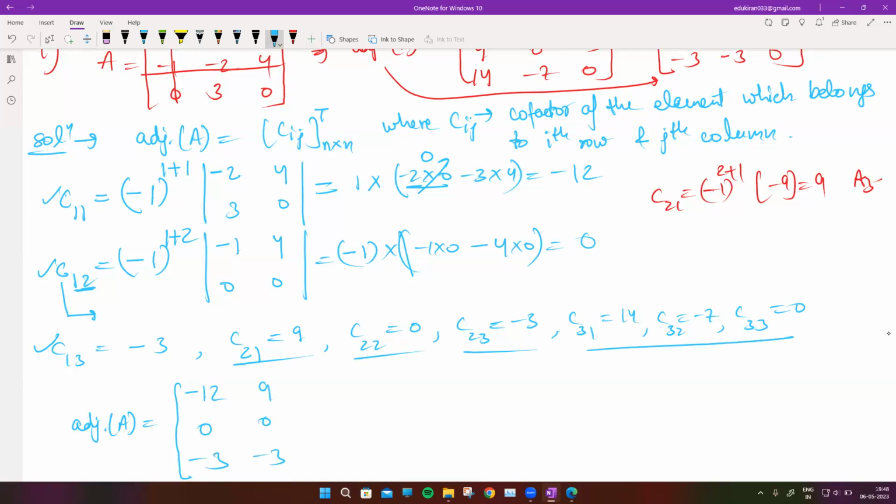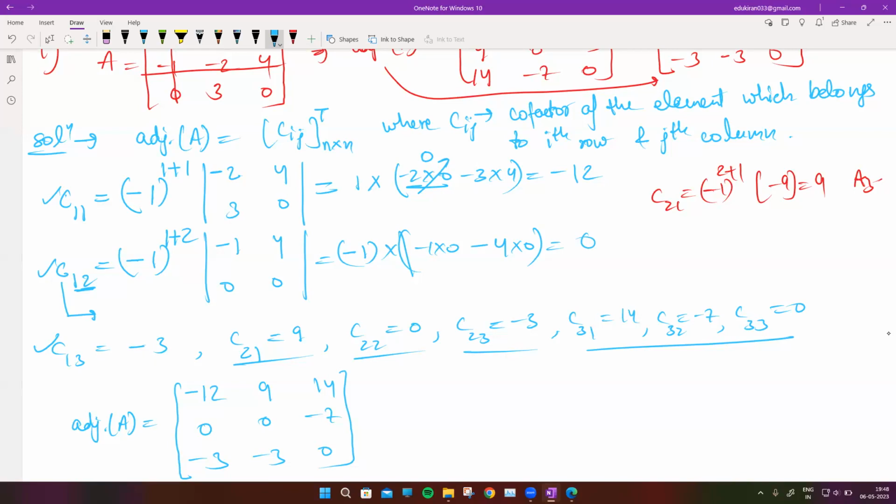And then these three, 14, -7, 0. That is how you can use these cofactors to write the adjoint directly. Don't go for the transpose every time. Write the cofactors of rows in a column. That way you can maybe save 30-40 seconds. But if you are not comfortable, then don't go for it. These 30-40 seconds will not matter much, I would say. But try to solve it correctly.